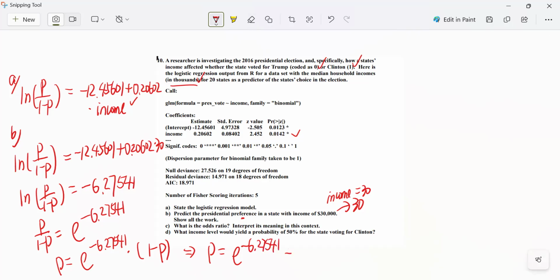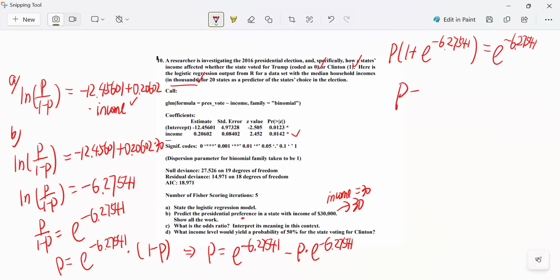27541 minus P times e to the minus 0.27541. And move this to the other side, and factor out the P, we get P times (1 plus e to the minus 6.2751) on the left-hand side. On the right-hand side is e to the minus 6.2751.